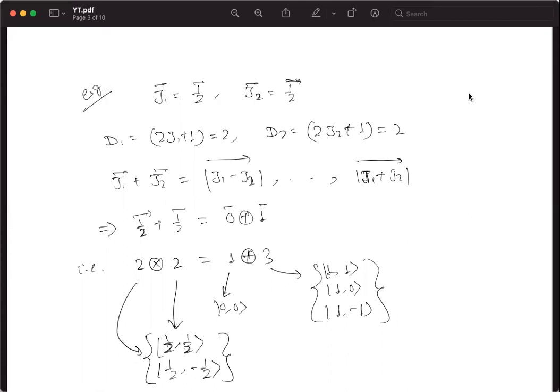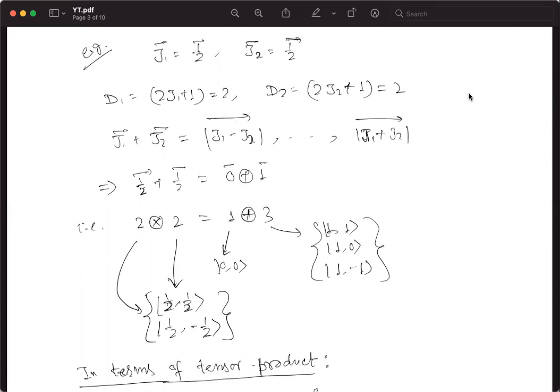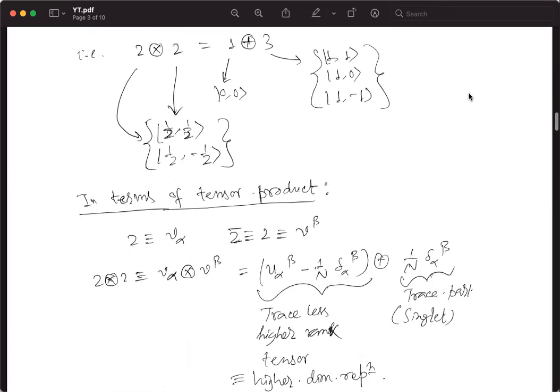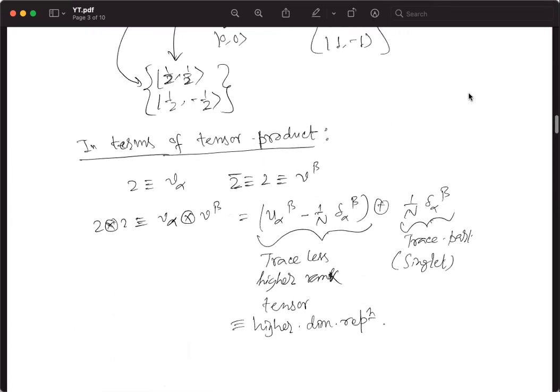Now remember, this we have not employed here so far in the Young tableau technique. This we have derived using angular momentum. But because we already have the knowledge of the angular momentum, it's quite natural for us. Also, we can realize this in terms of the tensor product.